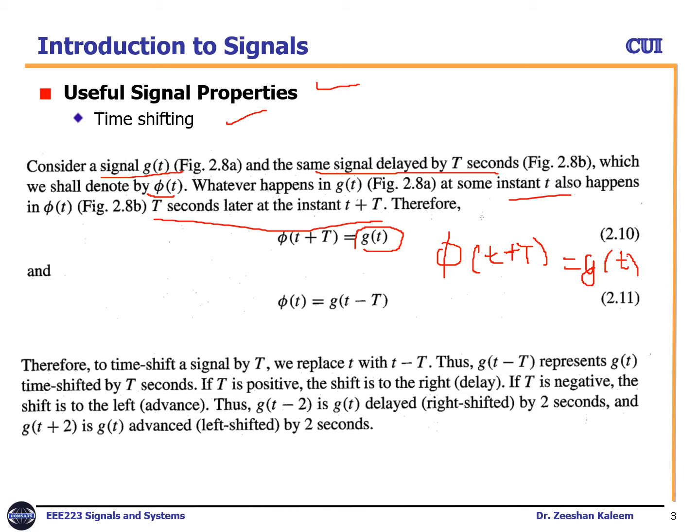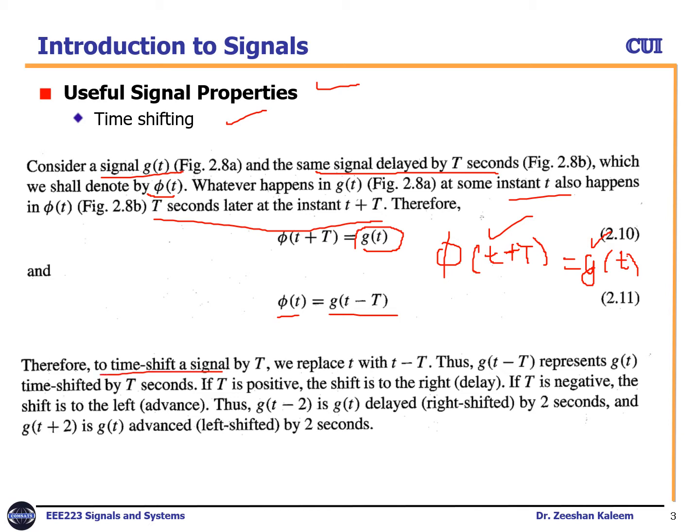The delayed signal and the original signal are equal at time instant t plus T, and we can represent phi(t) equals g(t minus T), because we just move this T over, so it becomes g(t minus T).